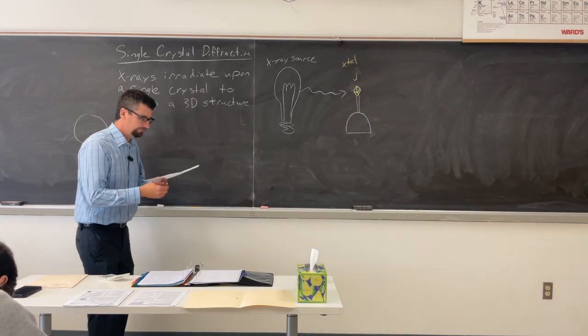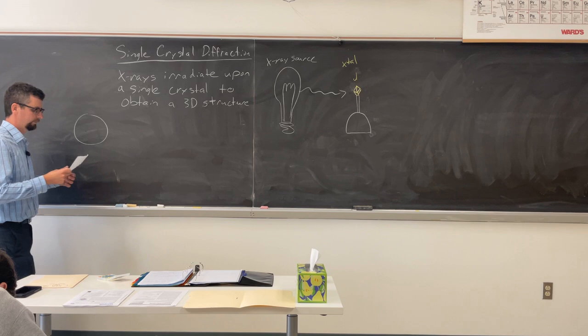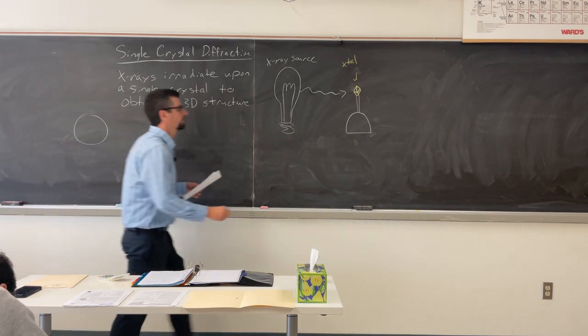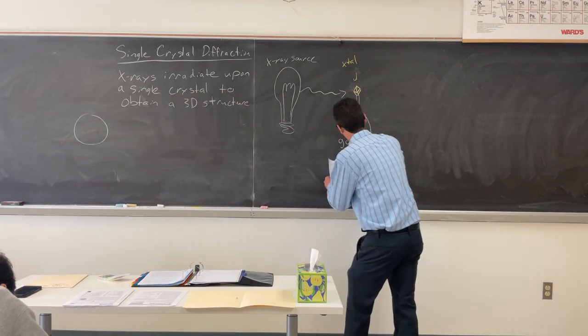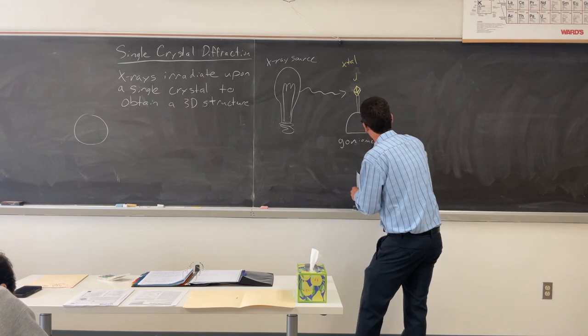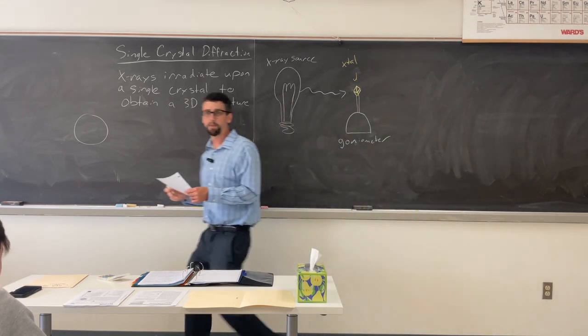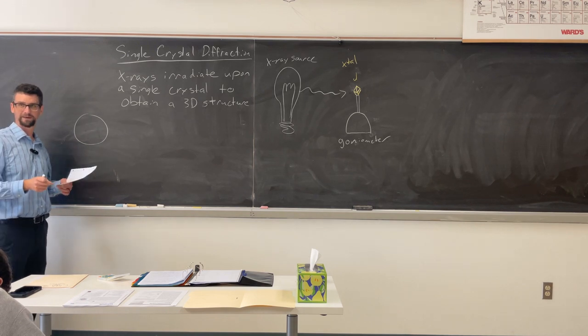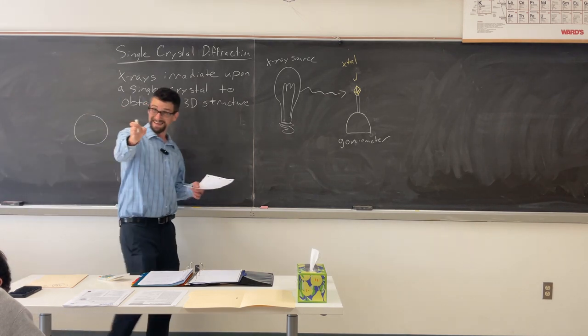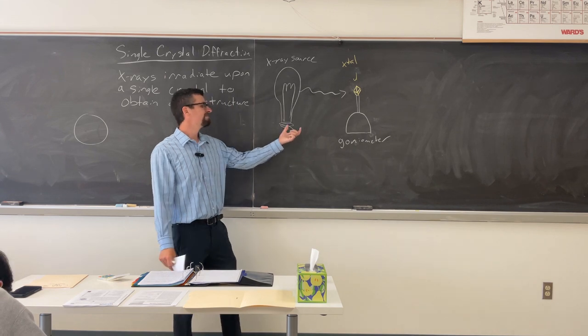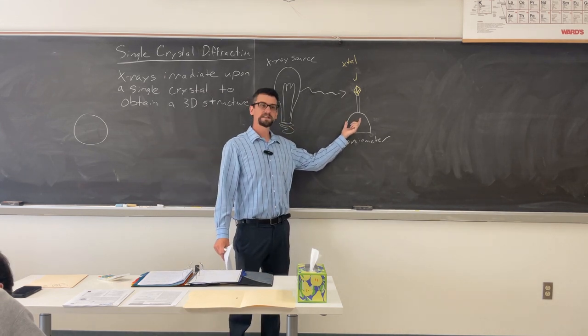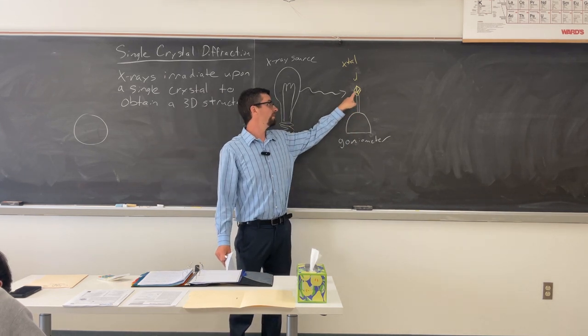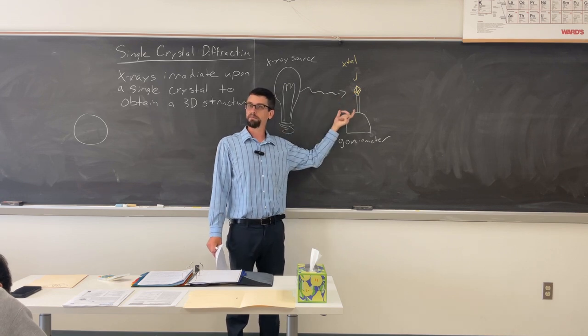Now this platform is called a goniometer. Have you guys ever worked with one? We use contact angle. Yes. Okay, awesome. So what this thing can do is there's one point in this crystal that will not move, but you can rotate it.